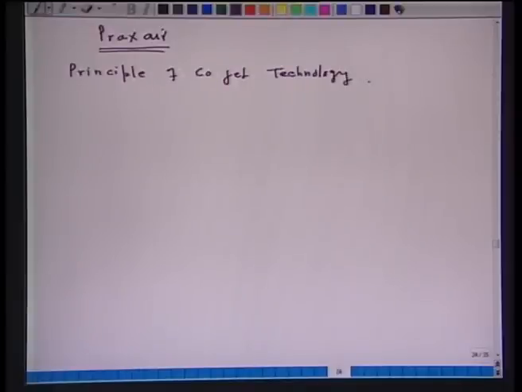Now, a cojet means a jet of oxygen is coming from a nozzle at a very high speed, and it is also surrounded by a flame. So, now let me illustrate what is meant by a cojet.